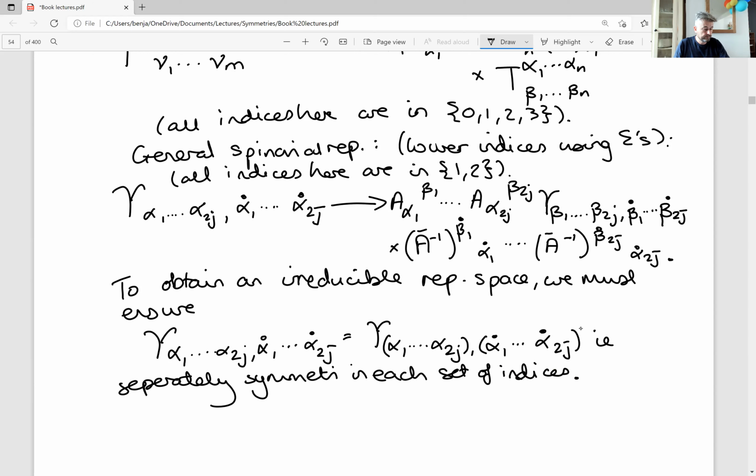So the dimension under the left SU2 is 2j plus 1. The dimension under the right-handed SU2 is 2j bar plus 1. So the dimension of the whole tensor representation is 2j plus 1 times 2j bar plus 1.